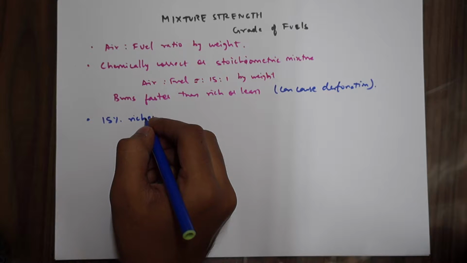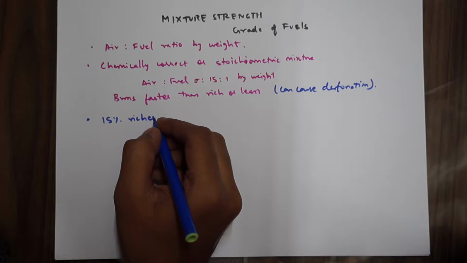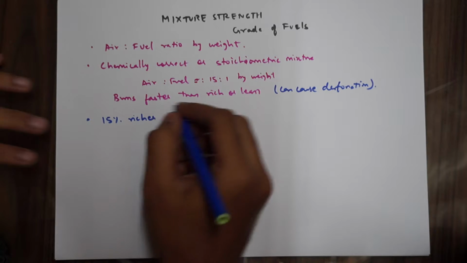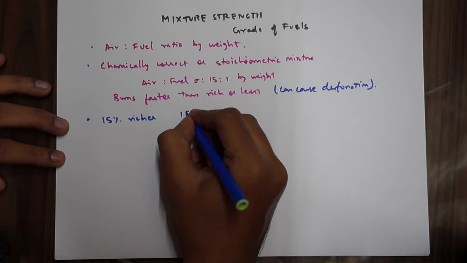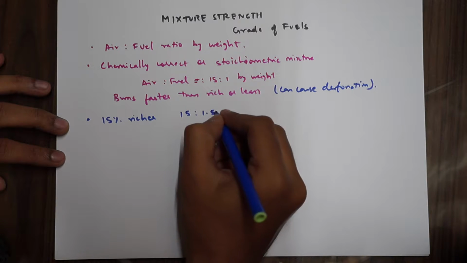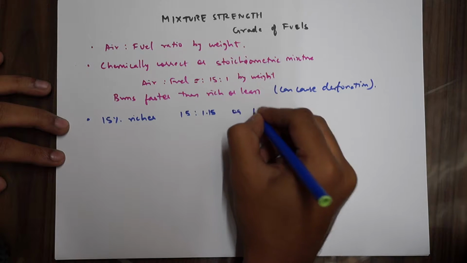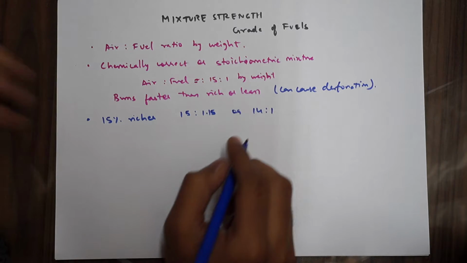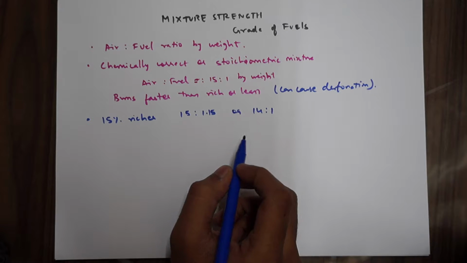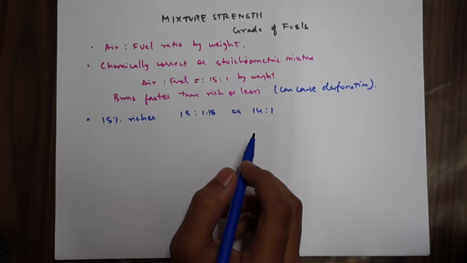Richer here means there is more fuel in the mixture. If the word is leaner, less fuel is used. So this is about 15 to 1.15, or in direct terms, 14 to 1. So 14 parts of air with 1 part of fuel. So it is basically more fuel.